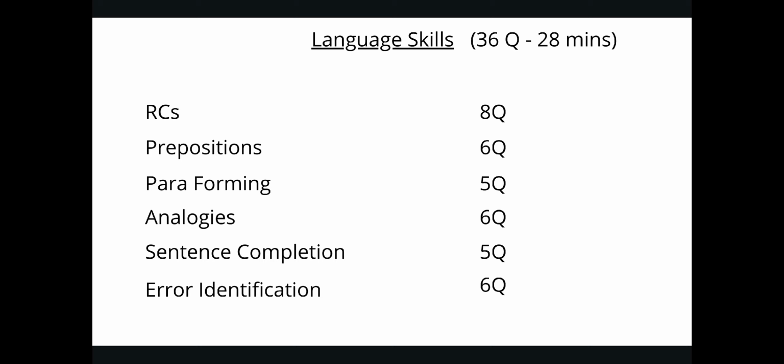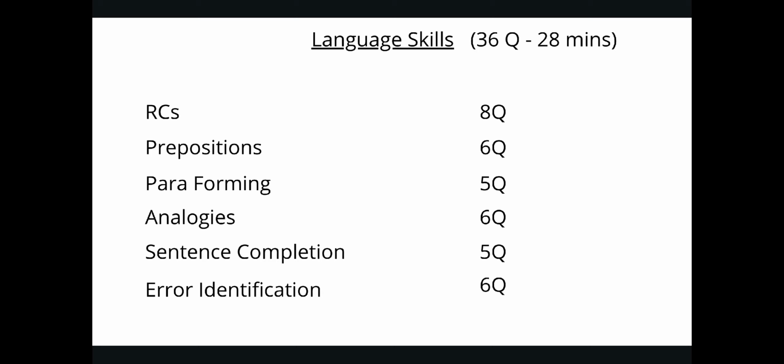The analogies. NMAT generally tests your vocab knowledge in the form of analogies. If you are good at vocab, then you have a better edge as far as language skills are concerned.